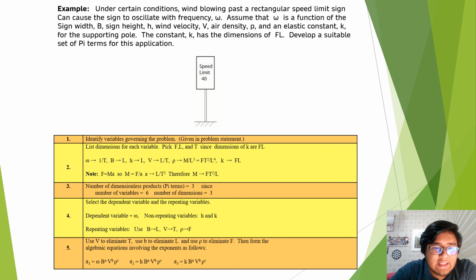So we have to find the dependent, non-repeating, and repeating variables to form an algebraic equation. For pi1 the frequency is the dependent variable, in pi2 H is the non-repeating variable, and in pi3 K is the non-repeating variable, and B, V, and rho are the repeating variables. So next I will talk about the next step.